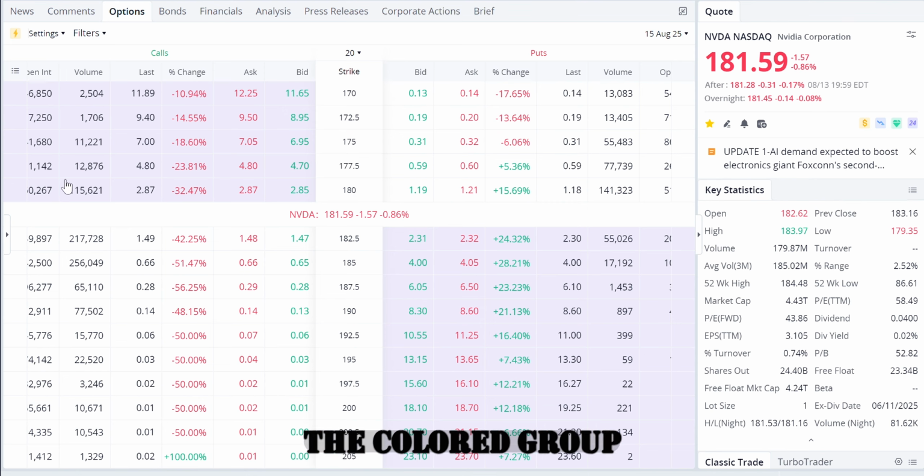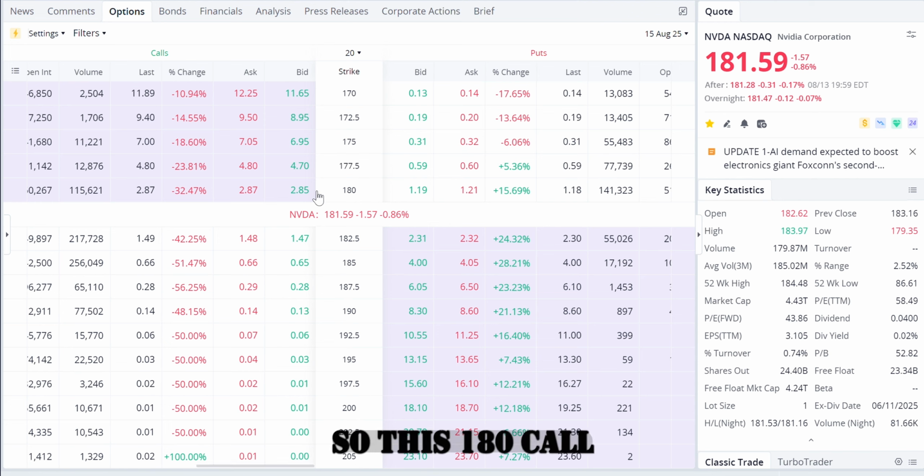The colored group is called in the money. Okay, in the money. That means the stock price is currently past the contract price.